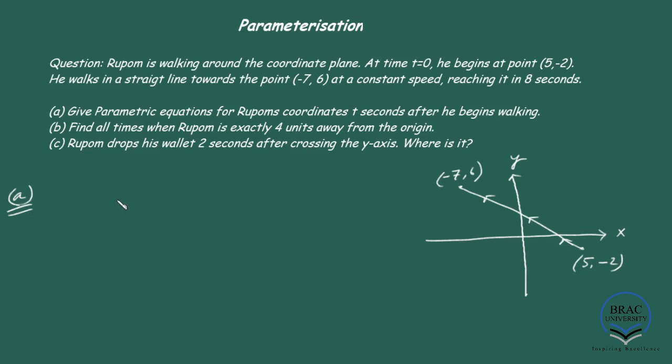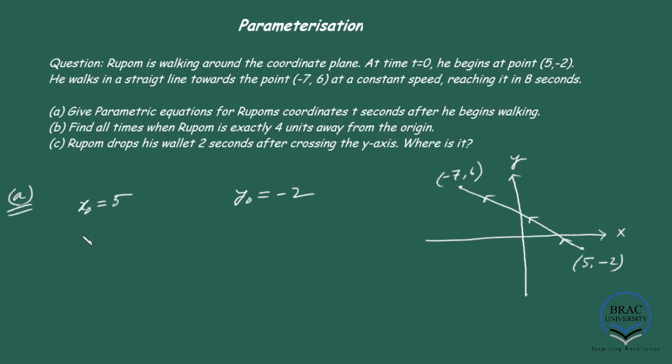Now over here, the starting point is (5, -2). So let x naught be 5 and y naught be -2. So I'm just labeling these as x naught and y naught. Alright, so that's the starting point.